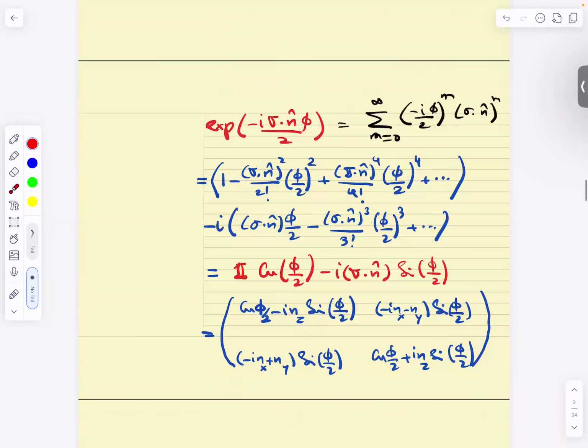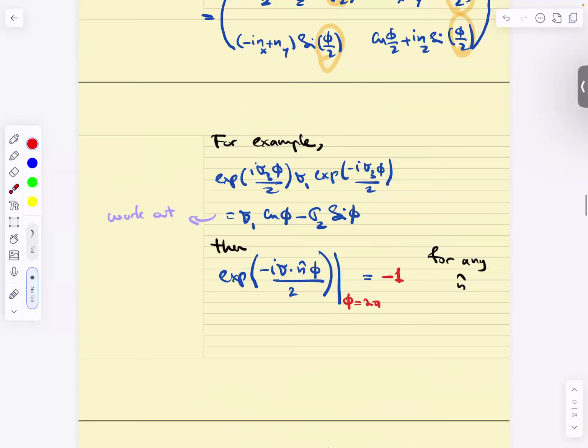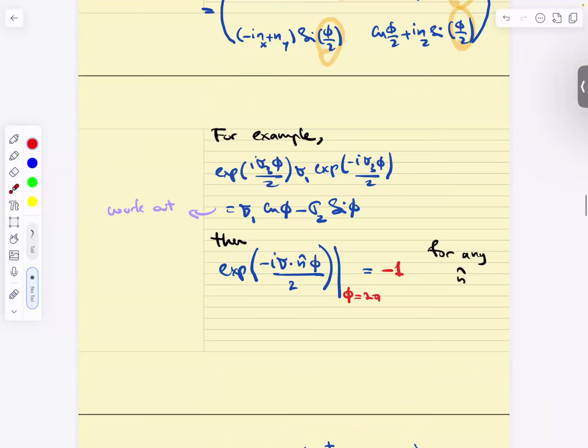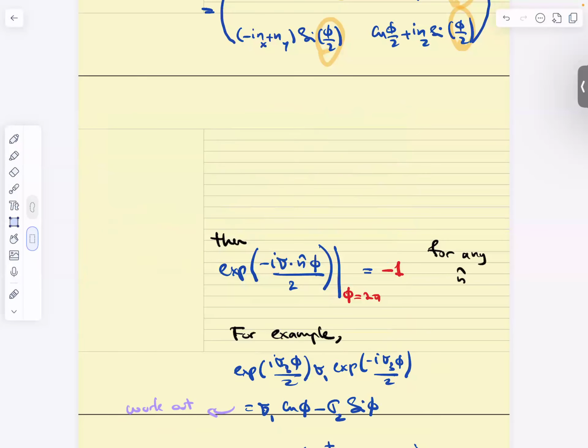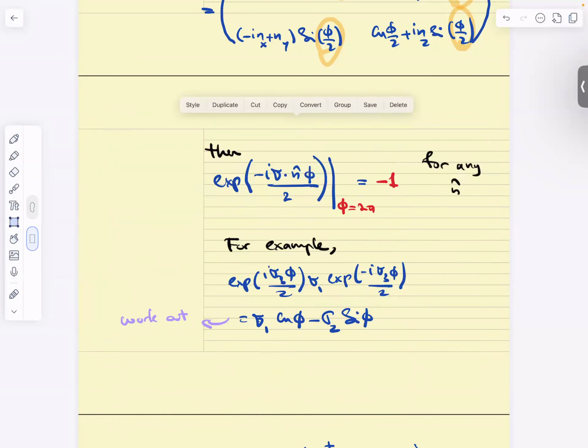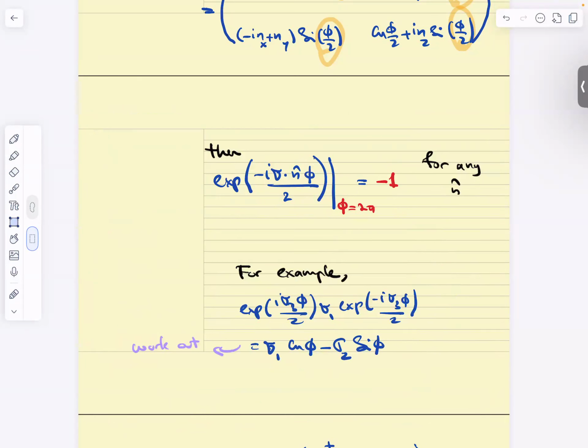But notice this half. I'm going to make a big deal out of this half because it's an important thing. So an interesting calculation you could do is actually, let me move this down here. For a second, ignore what I've written down here. We're just going to focus here.